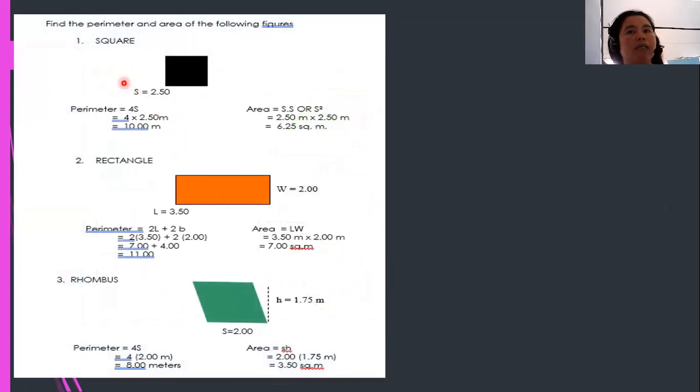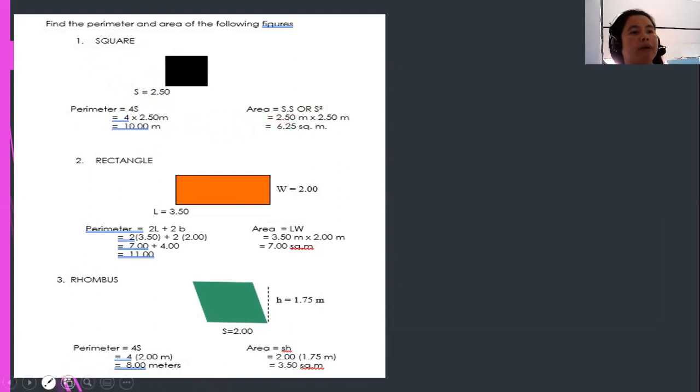Okay, so let's look at some examples in finding the area and perimeter. Here's the example: a square. The side of the square is 2.50 meters. Find the area and the perimeter.